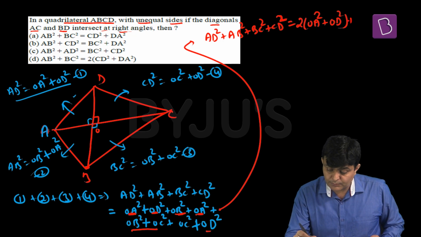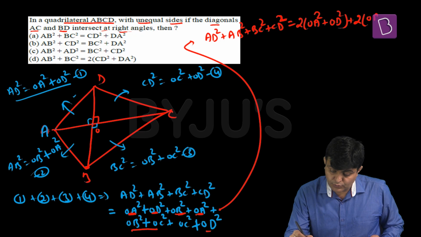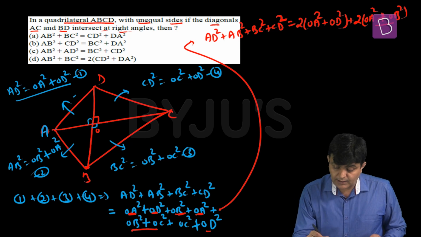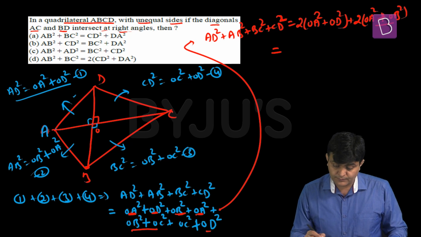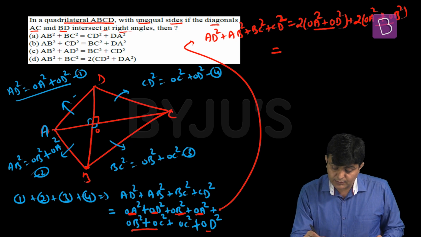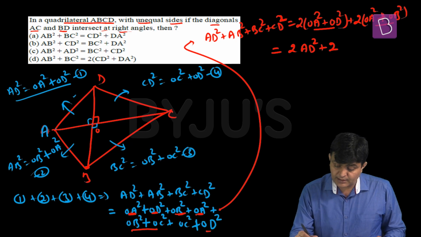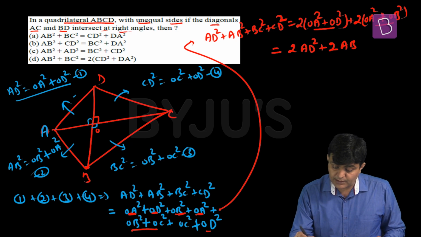And from these two, it is plus twice of OA square plus OB square. Again, it is equal to twice of AD square plus twice of AB square.